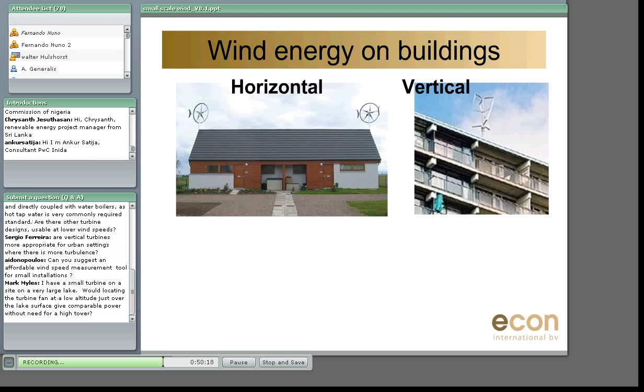So now there is a question by Mark Miles. I have a small turbine on a site on a very large lake. Would locating the turbine fan at low altitude just over the lake surface give comparable power without the need for a high tower?